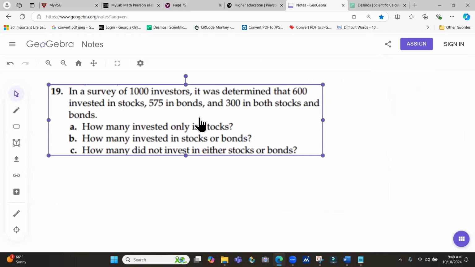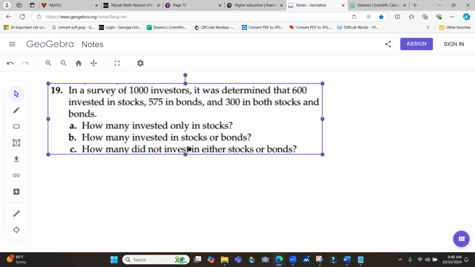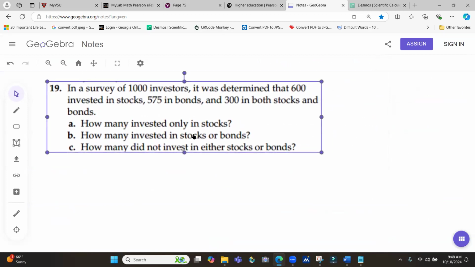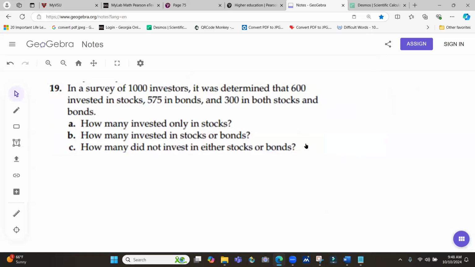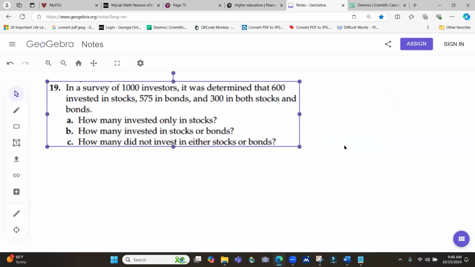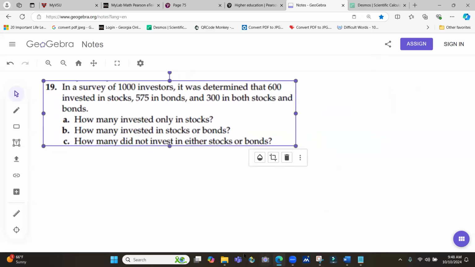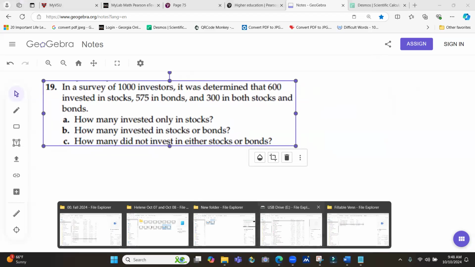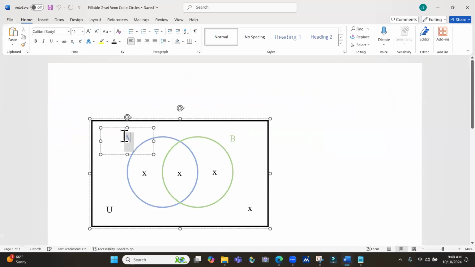This is 2.3b. In a survey of 1,000 investors, it was determined that 600 invested in stocks, bonds, and so we're talking about two sets, okay? Two sets. Let me go back and grab my picture. That'll save us a couple of seconds. Stocks and bonds.